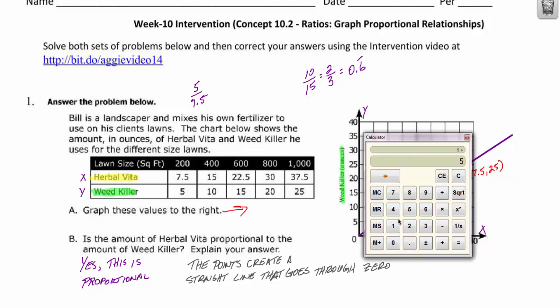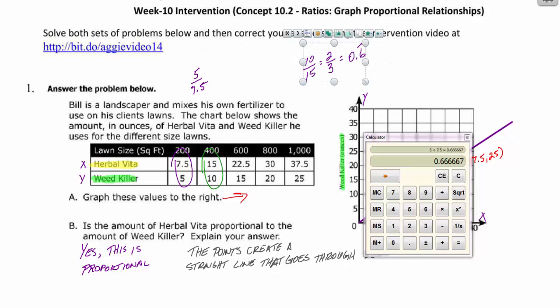That was the 5 over 7.5. Let me change up the coloration here just a little bit. That was also the 10 over 15, so let's make that green to match the color I just used.